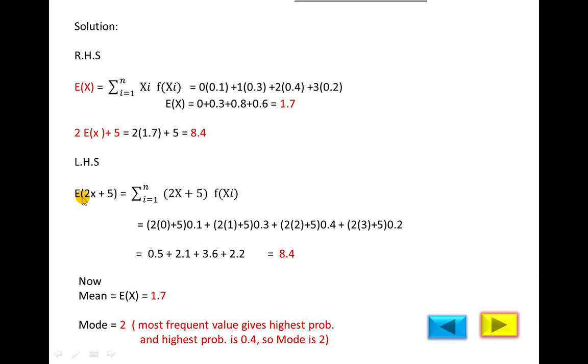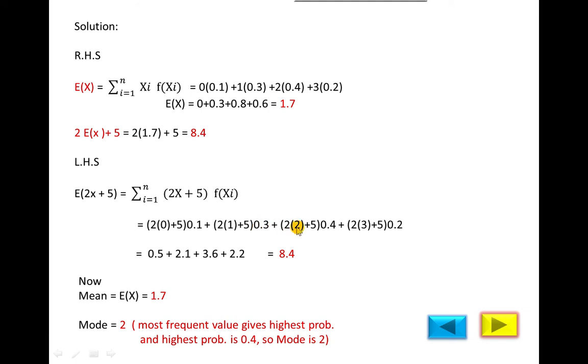And the left hand side is E(2x plus 5). Substitute instead of x here 2x plus 5 and then substitute the values of x one by one with the corresponding probability. So substitute the value of x 0, then multiply by 2 plus 5, write in brackets, into first probability 0.1 plus sign. Put here x is equal to 1, multiply with corresponding probabilities.